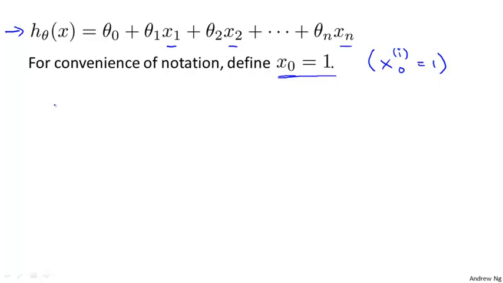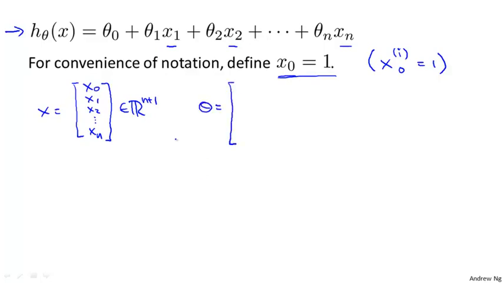So now my feature vector x becomes this n plus 1 dimensional vector that is 0 indexed. So this is now an n plus 1 dimensional feature vector, but I'm going to index it from 0. And I'm also going to think of my parameters as a vector. So my parameters, theta 0, theta 1, theta 2, and so on up to theta n, I'm going to gather them up into a parameter vector written theta 0, theta 1, theta 2, and so on, down to theta n.